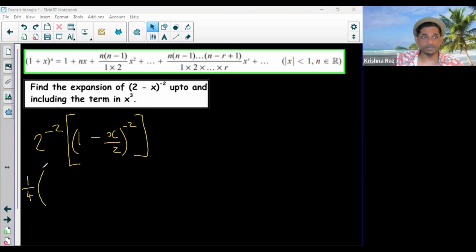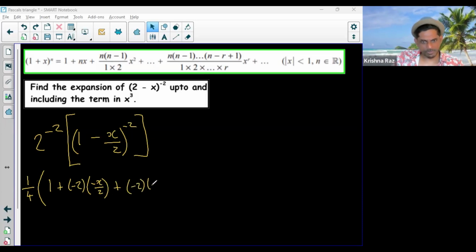And we need to just explain like we normally would. So we have 1 as our first term, plus n, which is minus 2, times x, which is minus x over 2, plus n times n minus 1.